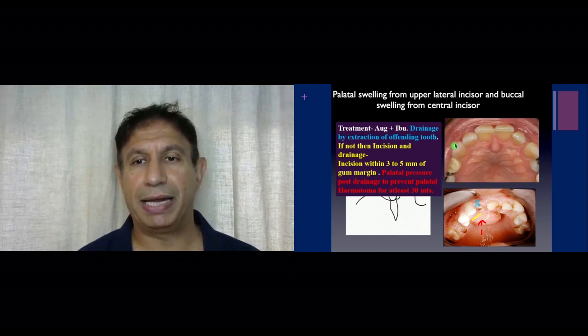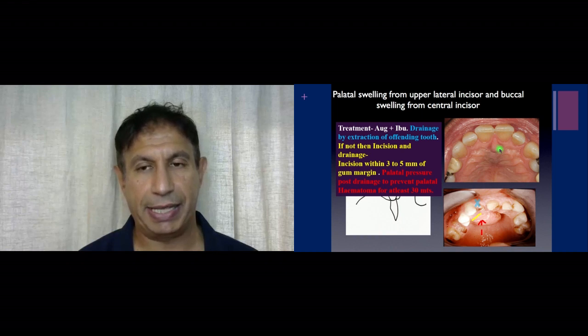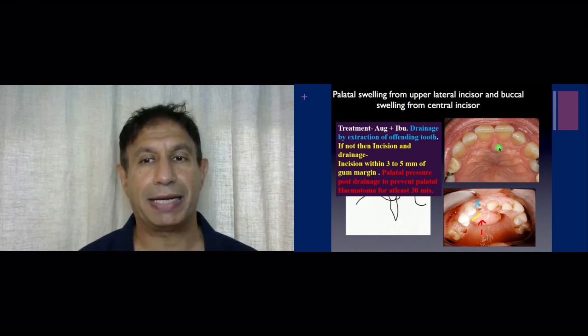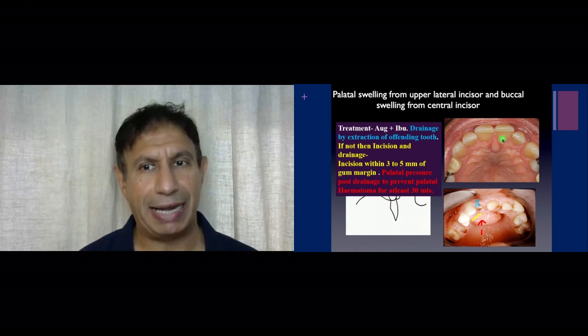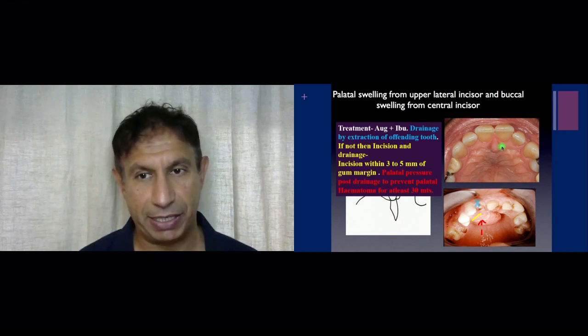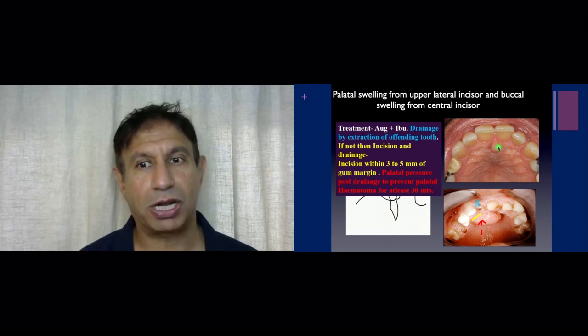Now in the midline, we have a lump behind our upper anterior teeth, and that is the nasopalatine papilla containing the nasopalatine blood vessels. So we do not want to incise here. So in this area, we do not cut 3 to 5 millimeters from the gum margin.